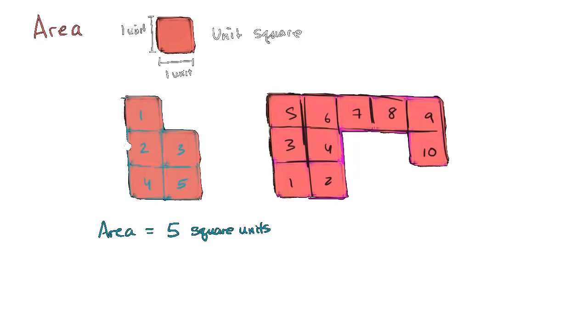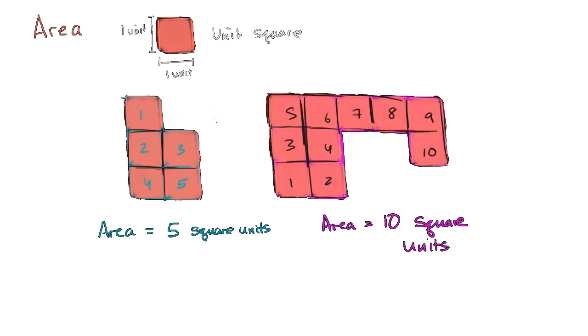So we could say the area here, and let me actually divide these with the black boundary too. It makes it a little bit clearer than that blue. So the area here for the purple figure is equal to 10 square units.